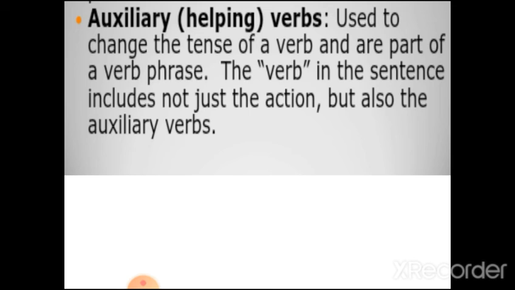Why is an auxiliary verb used? It is used to change the tense of the verb and is part of the verb phrase. So the auxiliary verb is important in the verb. The verb in the sentence not only includes the action but also includes the auxiliary verb.